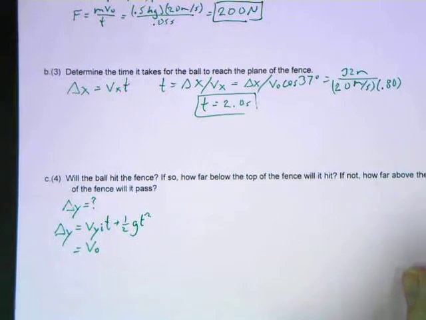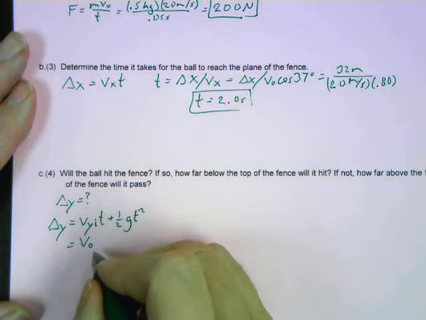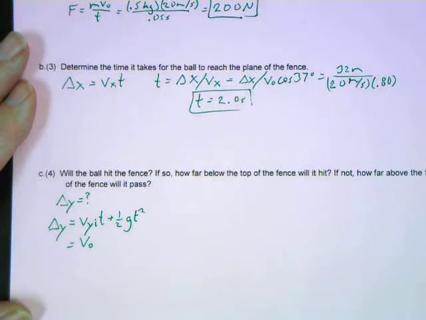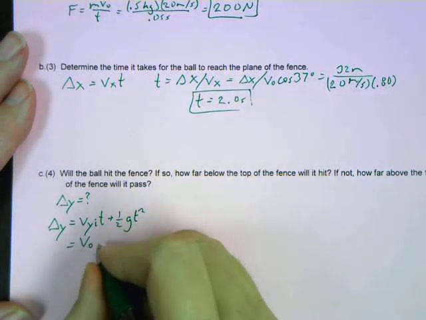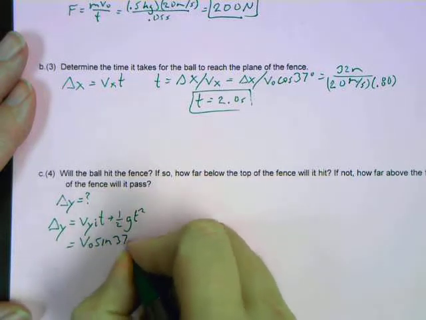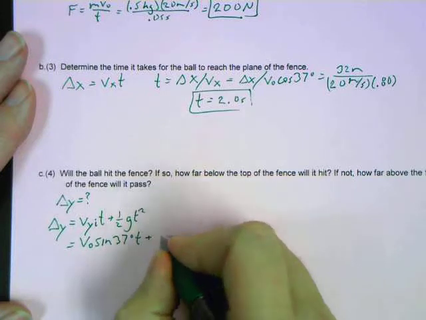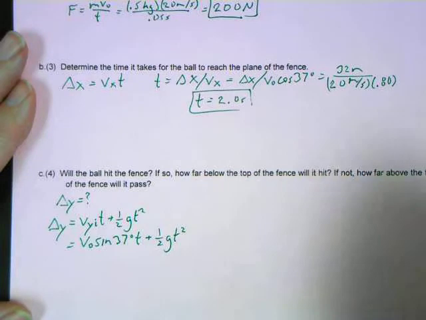They'll work with either one as long as you're consistent. So that's equal to that original velocity times the sine of 37 degrees multiplied by our time, plus 1/2 g times t squared.